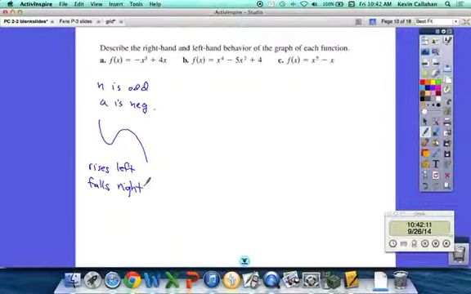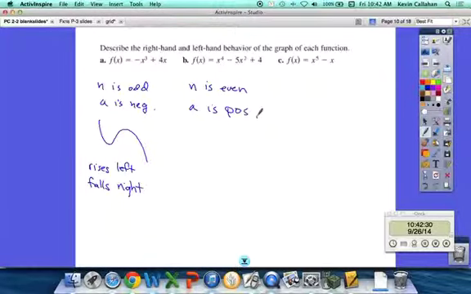All right, how about the next one? n is even, and a is positive. So what will it do? Rises to the left, rises to the right.